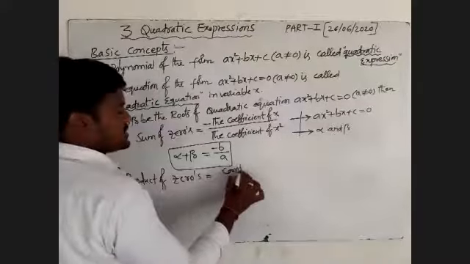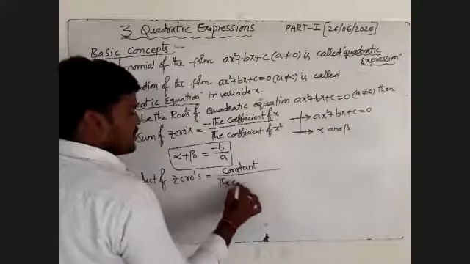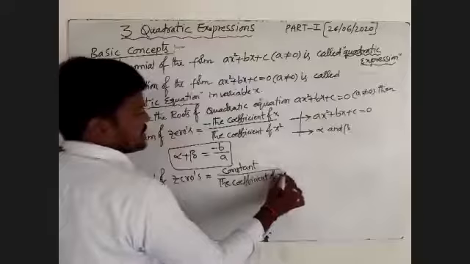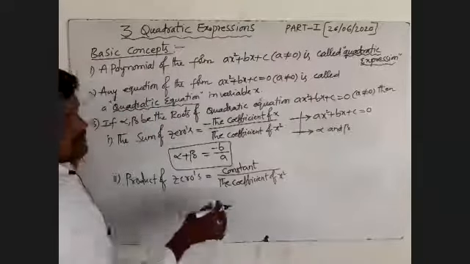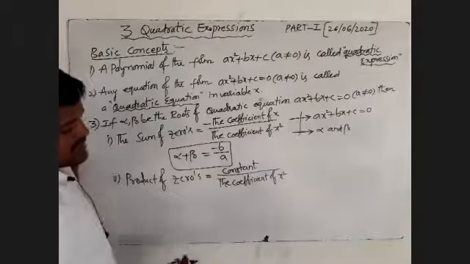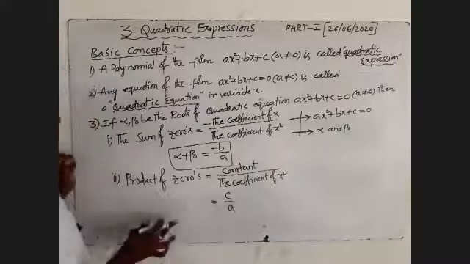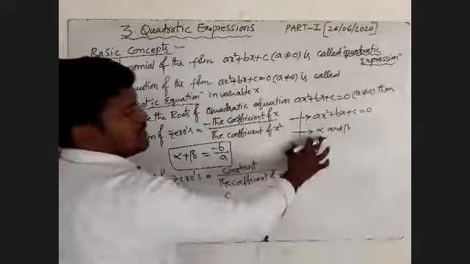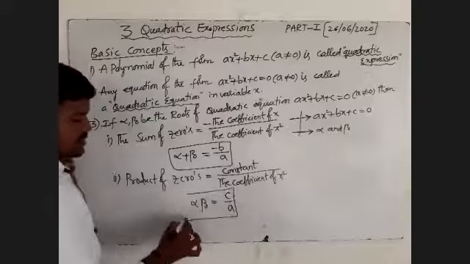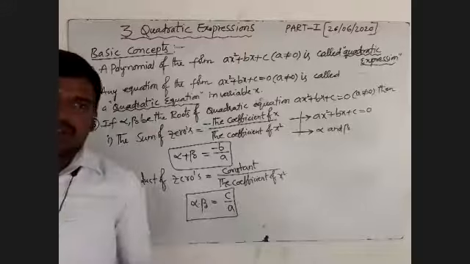Now we write the constant by the coefficient of x square, where the constant is c and the coefficient of x square is a. Product of zeros: one root is alpha, another root is beta. Their product alpha into beta is equal to c by a.